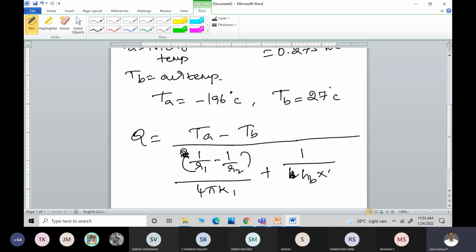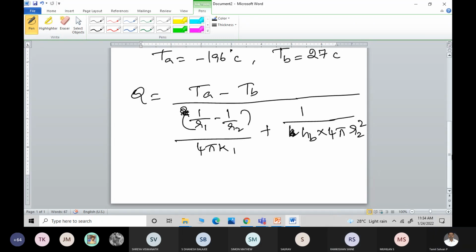Outer area is 4 pi R2 squared. Is it right, ma? Students, is it right? Yes, sir. Now substitute and get the result. Minus 196 minus 27. So you will be getting the answer in minus. So the heat is absorbed by the system, not heat is rejected by the system.